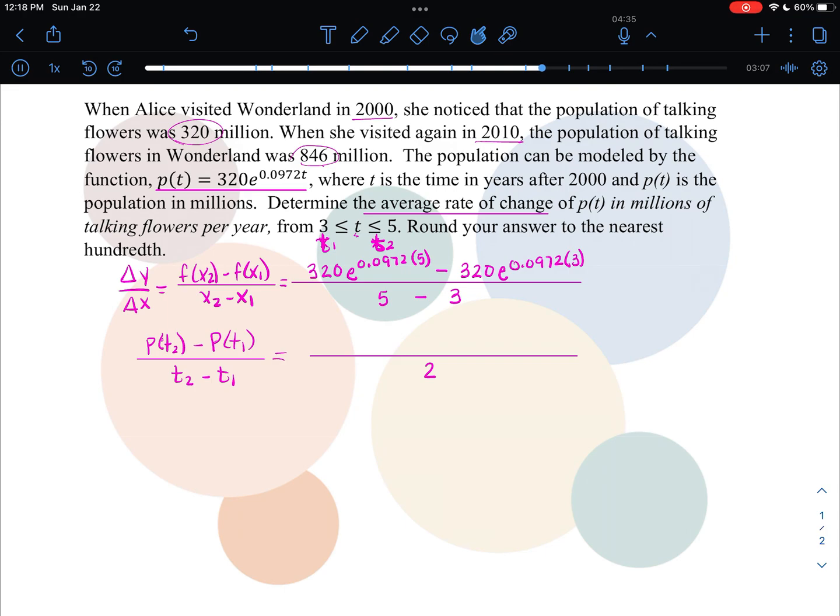On the top, my left side simplifies to 520.2599, and my right side simplifies to 428.34159. So I'm not rounding prematurely.